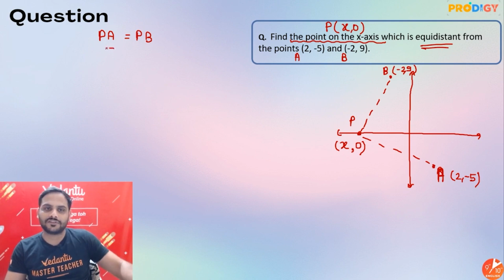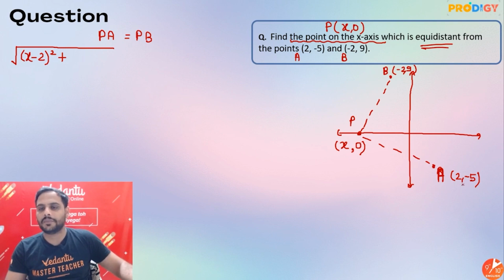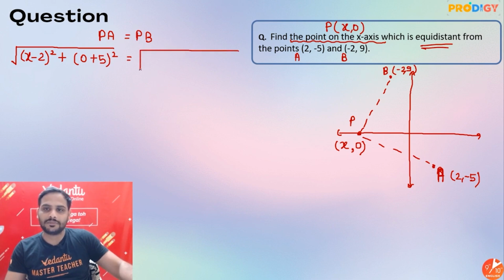So what will be the distance over here? Distance between P and A, use the distance formula. Alright, so x minus 2 whole square plus 0 minus of minus 5, which is 0 plus 5 whole square, is equal to PB. What is PB? So PB will be x minus of minus 2, which is plus 2, whole square, plus 0 minus 9 whole square, right?